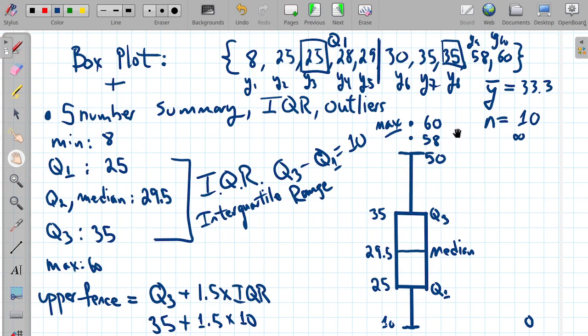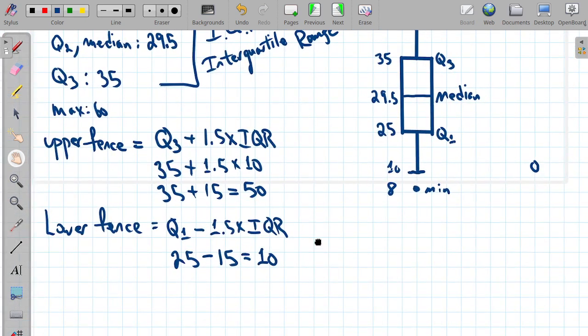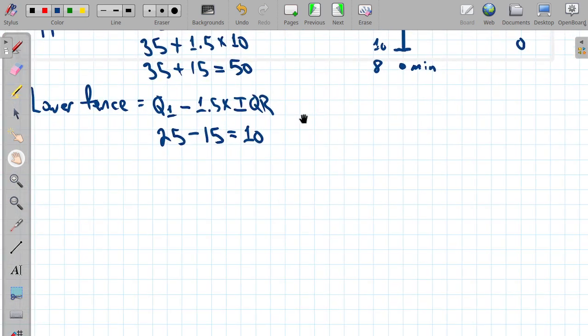Sure, we see this 60 and the 58 and the 8 down below. Those are specific values, but the rest of the values could be averages or computed. So the advantage to the box plot is it gives you a pattern. The disadvantage is it doesn't give you specific data.